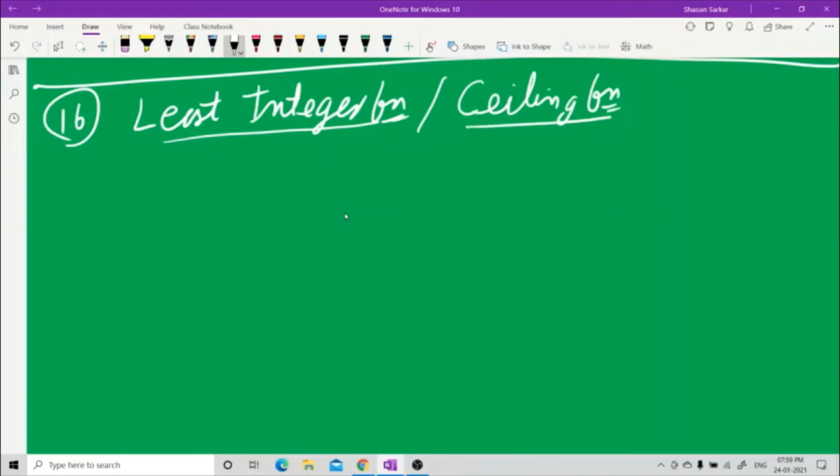Now see how to write this one. y equal to f(x). Now you will draw like this. That was the greatest integer function, less than x. Here it is the integer nearest to this, the least integer function.